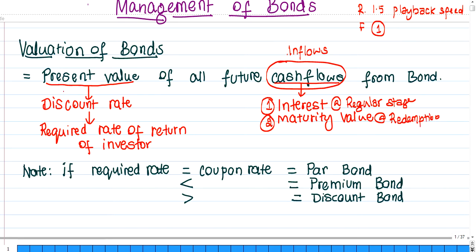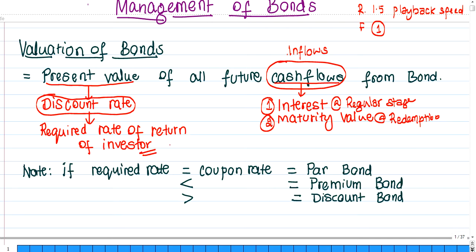How to calculate present value? Why present value? We have to apply the discount rate in order to get the present value. What is the discount rate? Again, it is the required rate of return of an investor. So this is as per the investor.